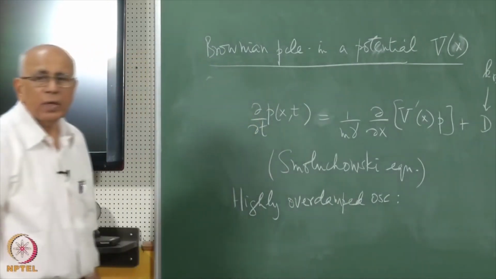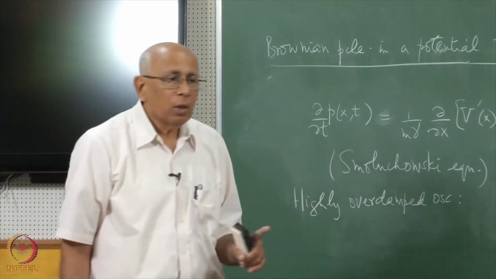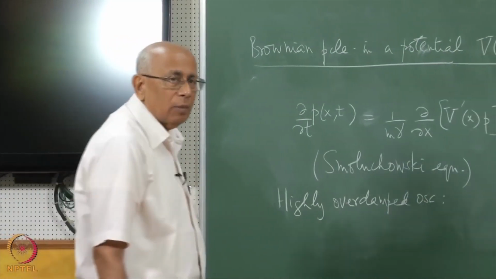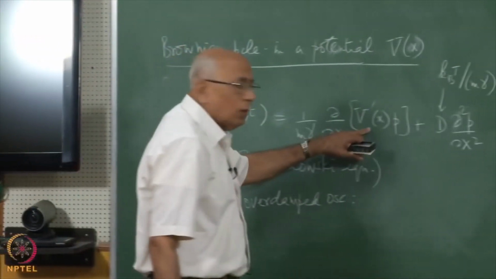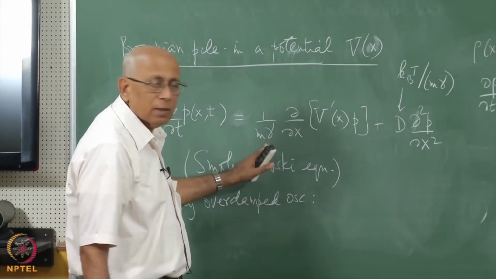What is the Smoluchowski equation for the position probability density of the highly overdamped harmonic oscillator? Well, this fellow is trivial to write down, it is m omega naught squared x, and the m cancels, right.